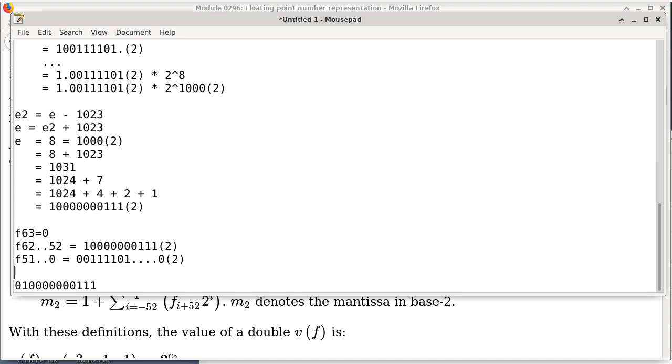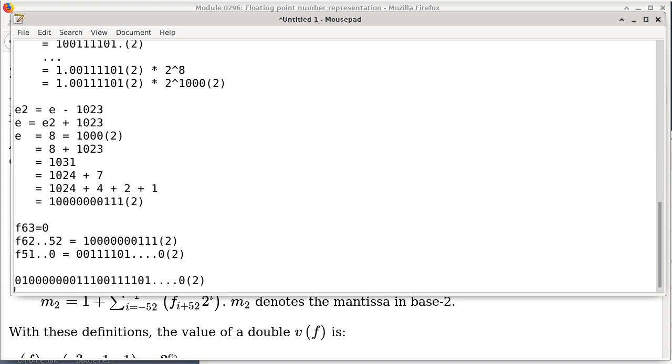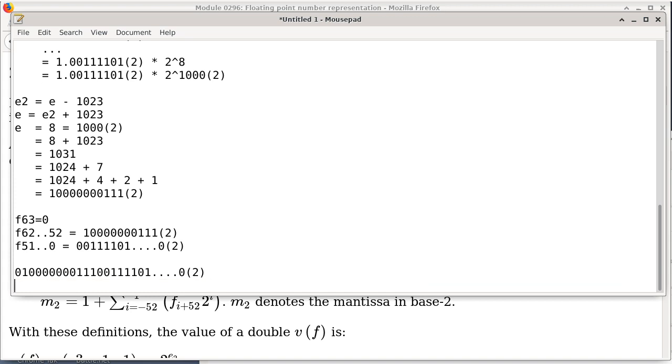Now, how boring can that be? It is super boring. It's just concatenation. Okay? So now we have 64 bits, and I claim that these 64 bits together will be representing 317.